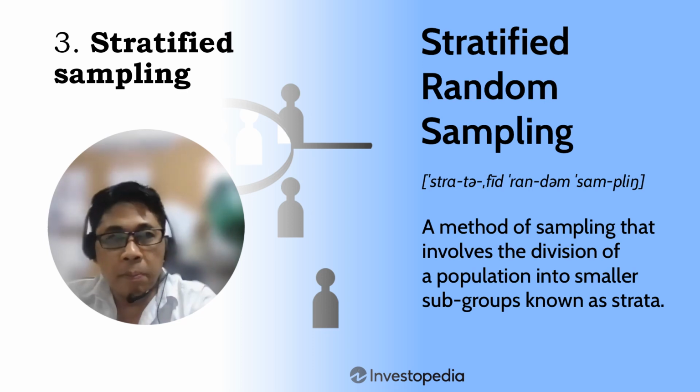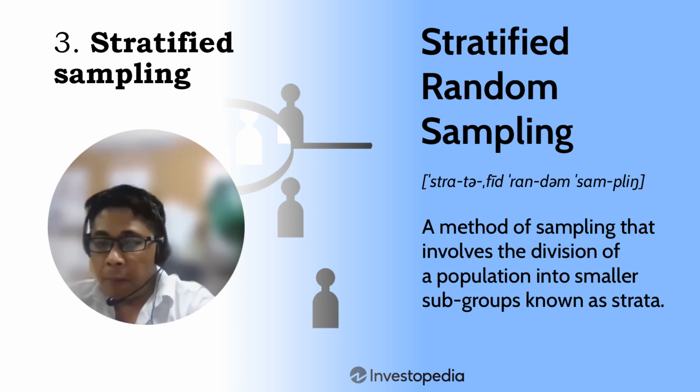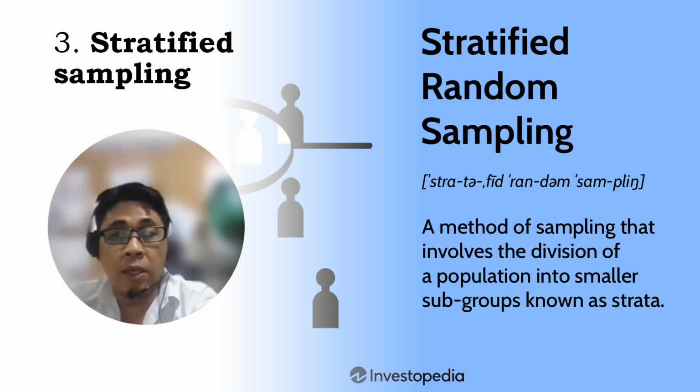So the third sampling technique is stratified sampling. Stratified sampling involves dividing the population into subpopulations or subgroups that may differ in important ways.